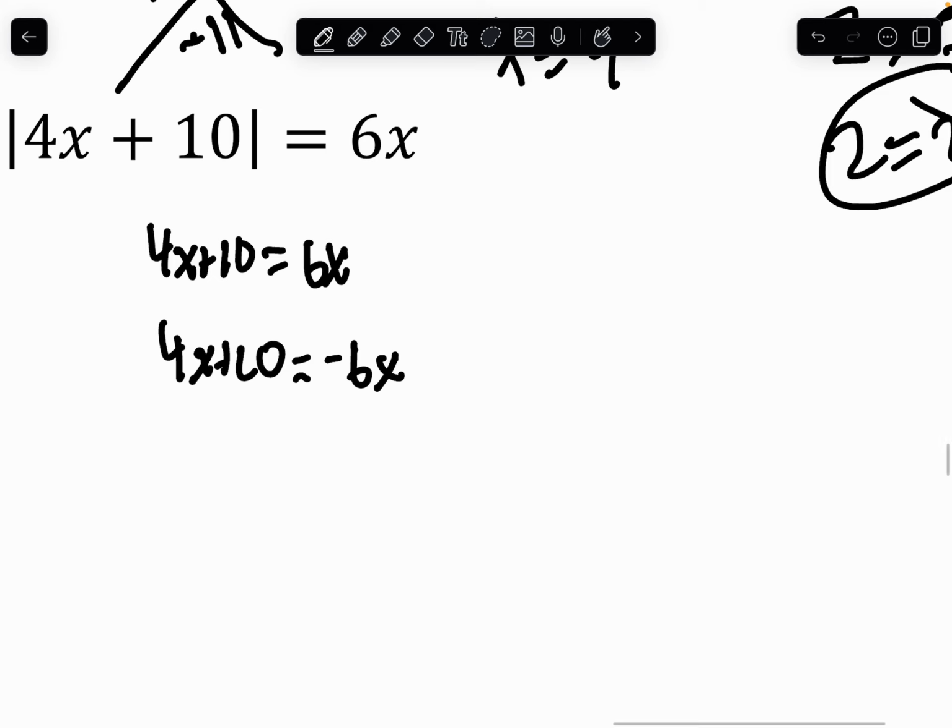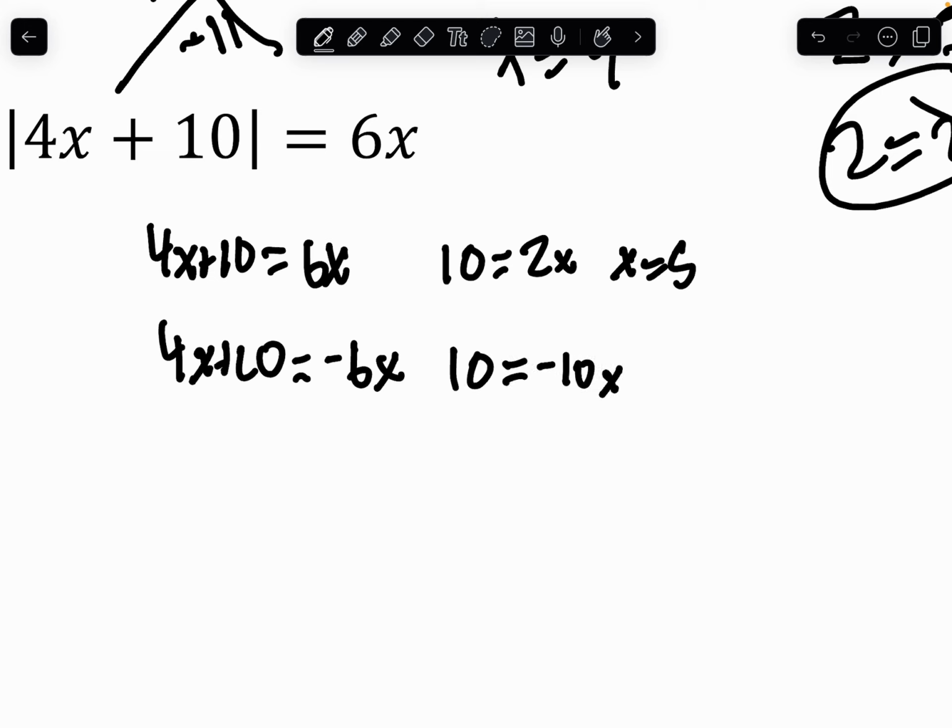So for the top, we'll subtract 4x from the left side. You get 10 equals 2x, x equals 5. And the bottom one, subtract 4x, you get 10 equals negative 10x. So x equals negative 1.